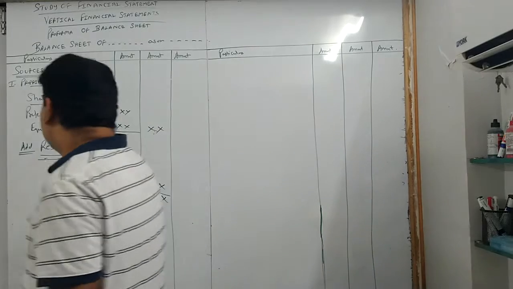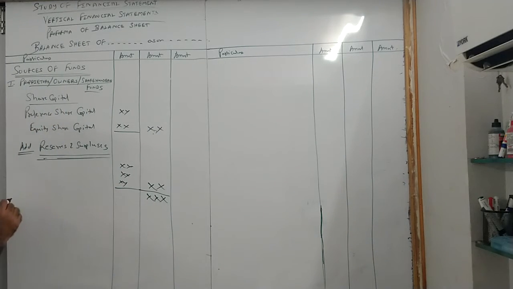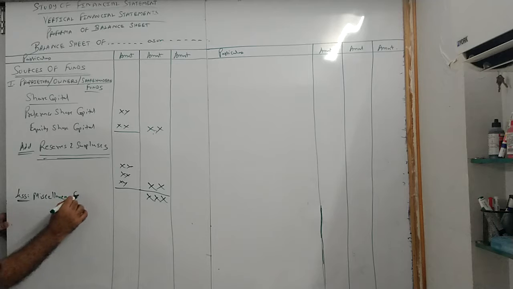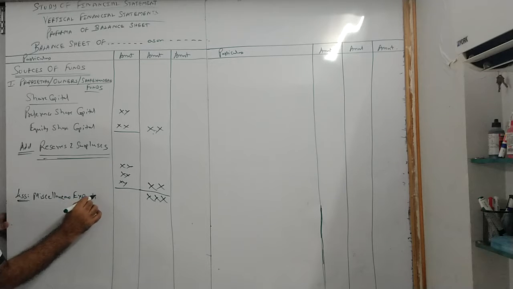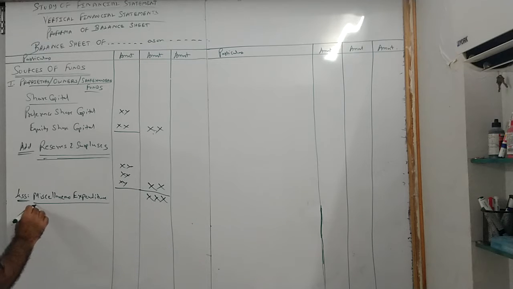Now, what I want is proprietors fund. So what I do? From this, I will deduct something called miscellaneous expenditure.